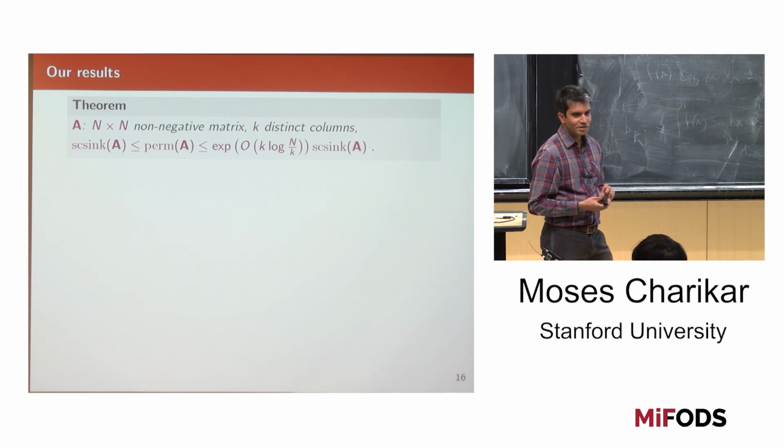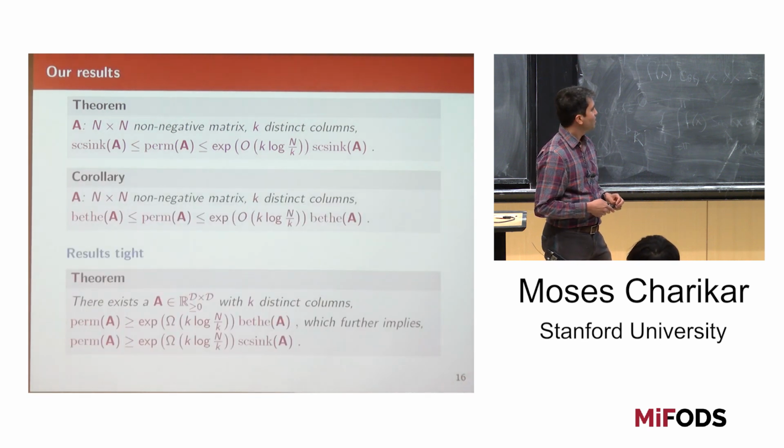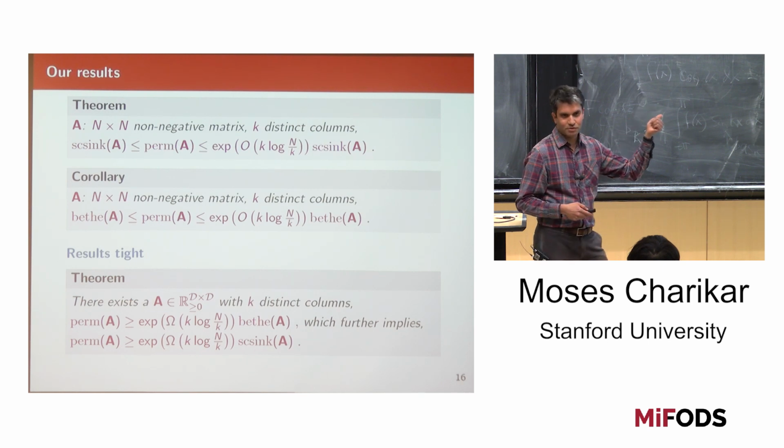How many distinct frequencies can I have? That's the number of distinct columns that I have. Root n, square root of n. Yes. So in fact, that's what we're going to use, and that's why we're going to use this theorem.